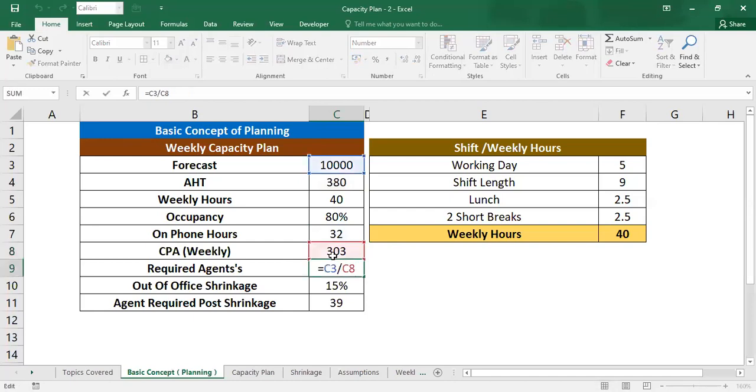And here, I have simply divided my forecast by the capacity, so I have got the required head count. Again, here out of sync is 15%, and for agent post sync I have applied the formula here.